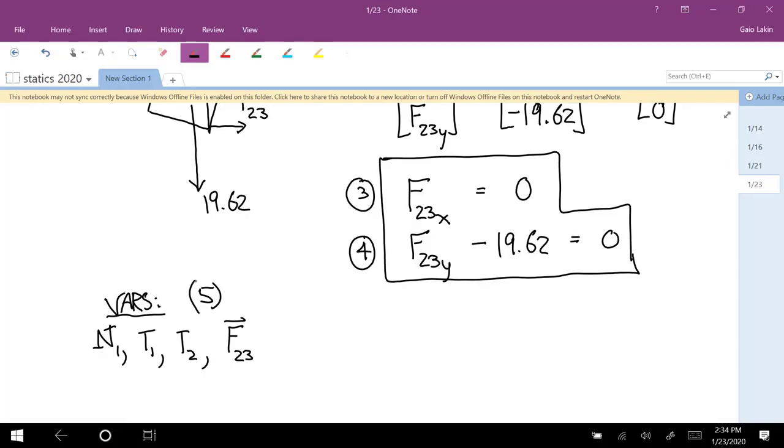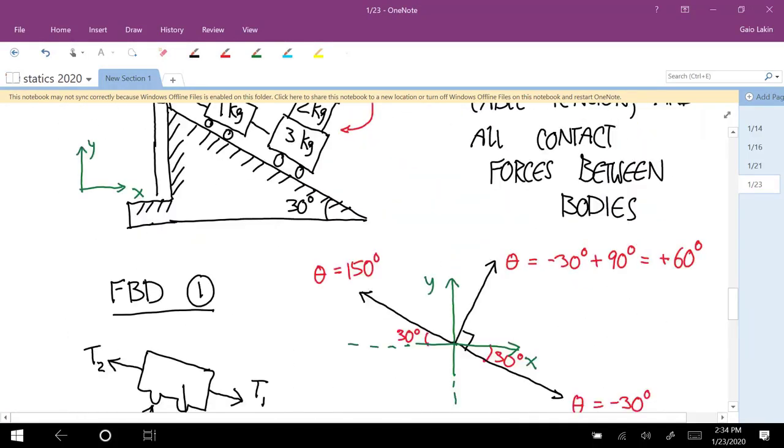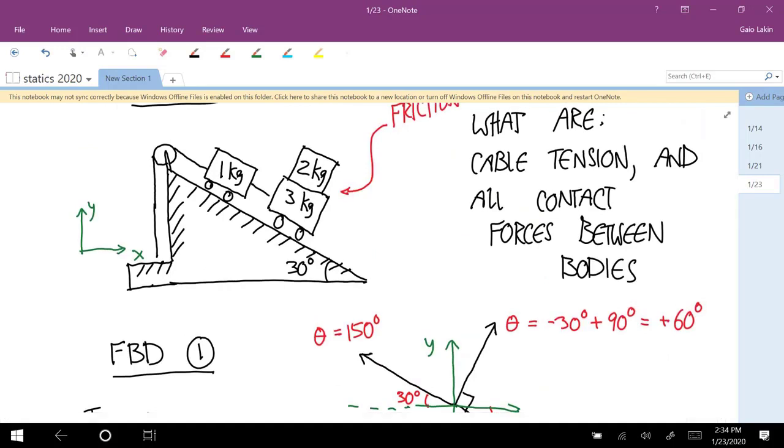We don't care about what's normal force, what's friction force. And because we're not dividing it up into normal and friction, there's no reason to use a rotated coordinate system like you did in physics. No, it's only the contact force. Because if you look at the picture, there's nothing else going on at the boundary except the contact with 3.